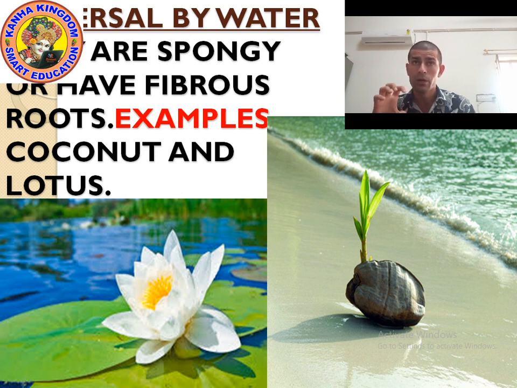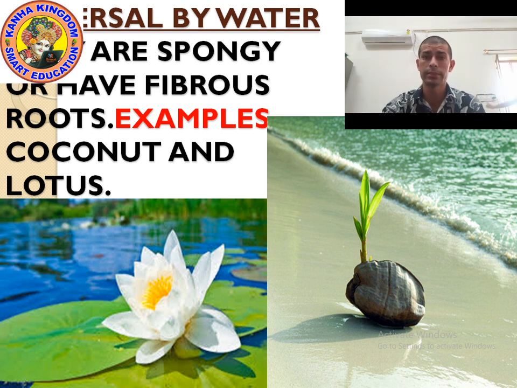The reason behind it is they are spongy or have fibrous husk. Because they are very light and they are spongy, that's why they can easily scatter away from one place to another place.